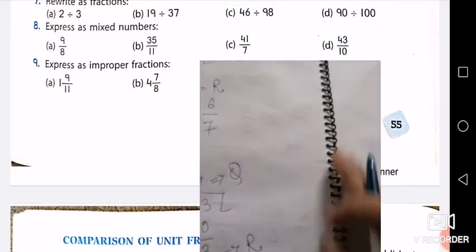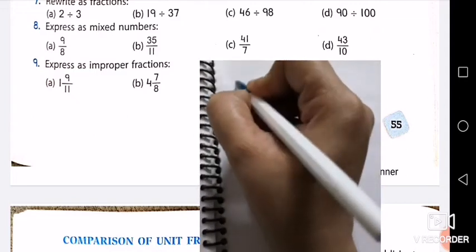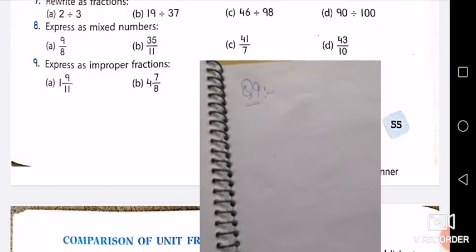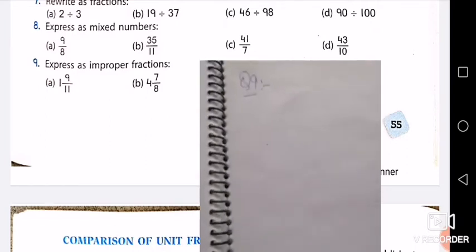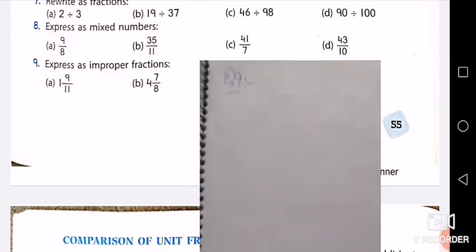Now we'll start question number 9. Question number 9 is express as improper fraction.